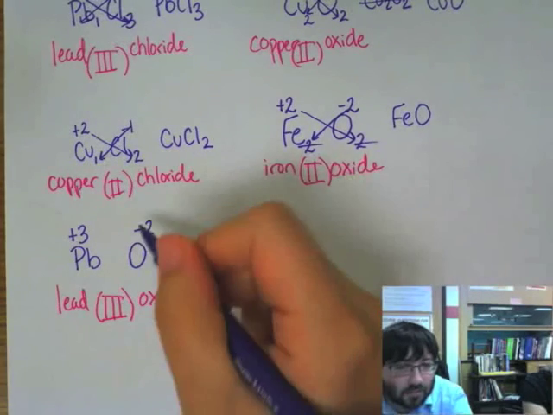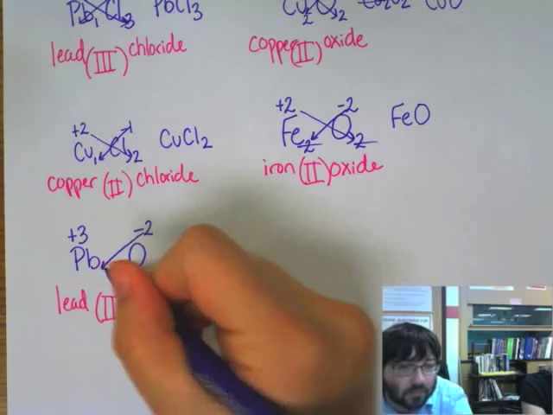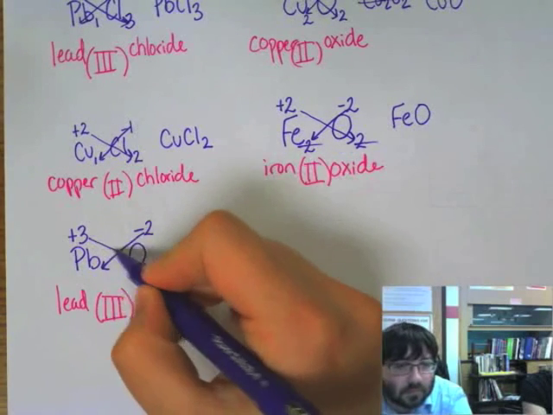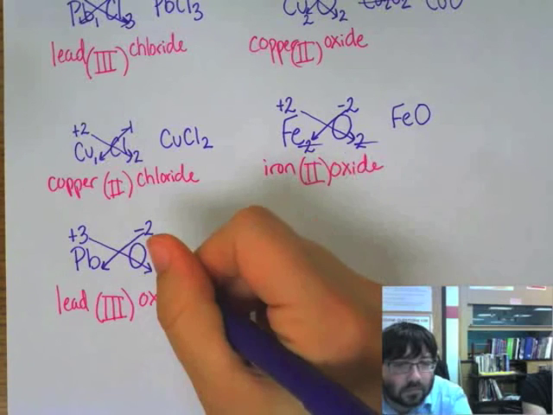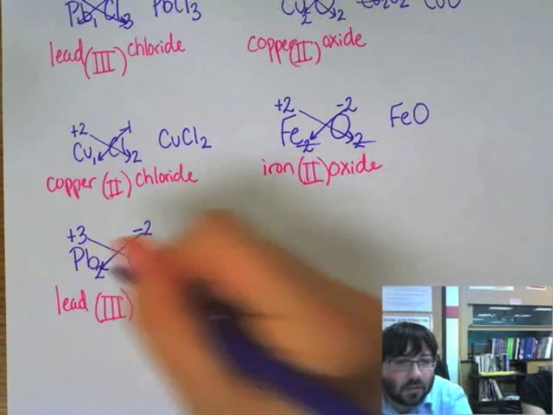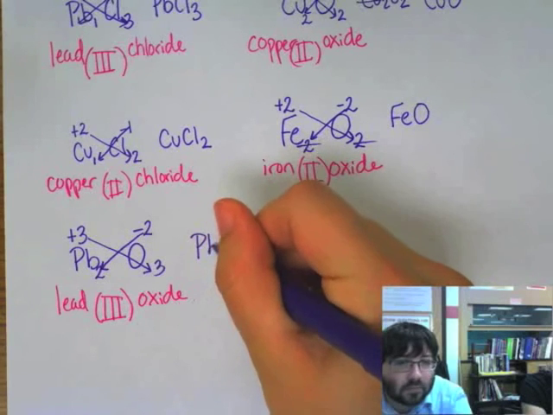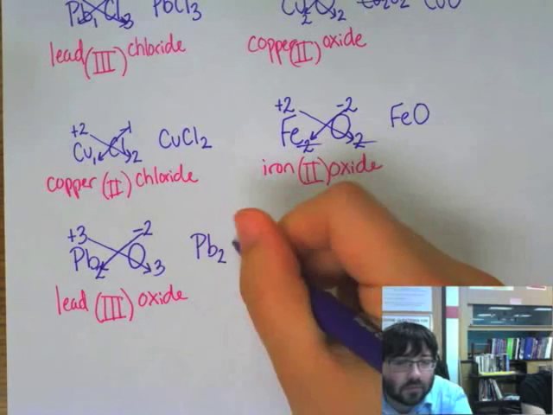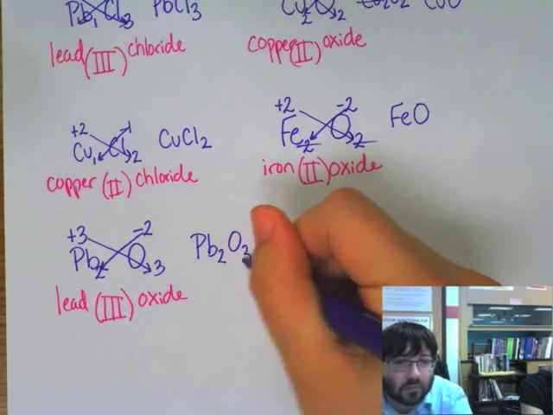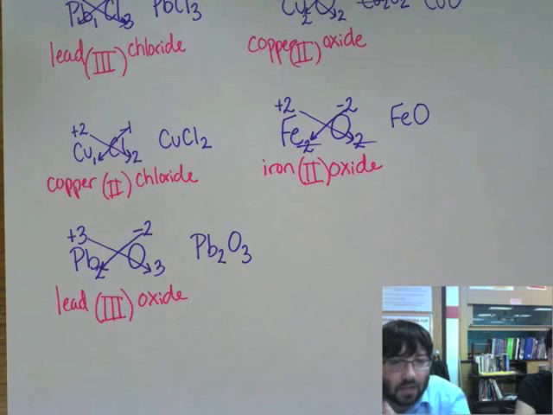Well, this 2 is going to go down there, and the 3 is going to go down there. So this is a 2 and a 3. So it's going to become Pb2O3. Oh, and since we can't simplify it, we just leave it that way? Yeah, can't simplify that. So that's the way it's going to stay.